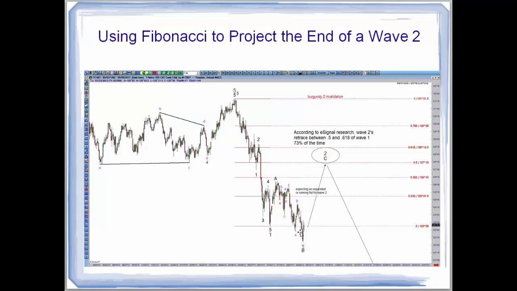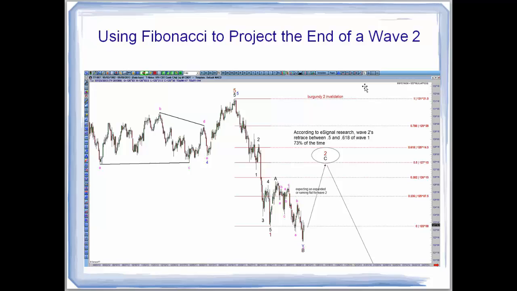Notice the other important level on this chart, that of wave 2 invalidation. Remember rule number 1? Wave 2 cannot move back past the start of wave 1. If price moved up that far, this wave count would be proven invalid, and hopefully you will have been prepared for that eventuality by having an alternate count to fall back on.